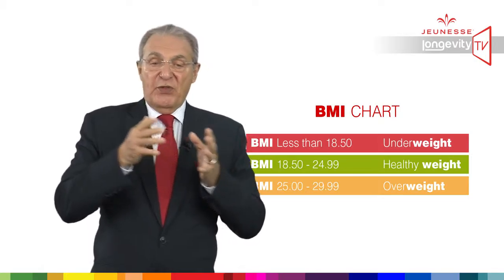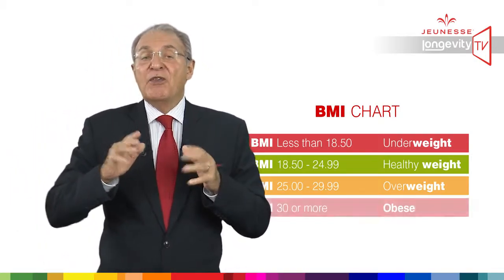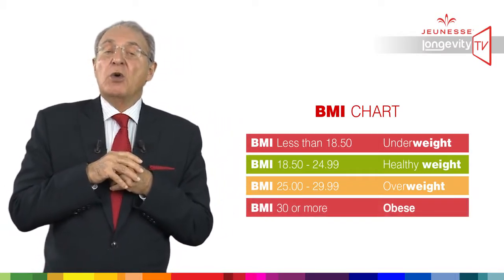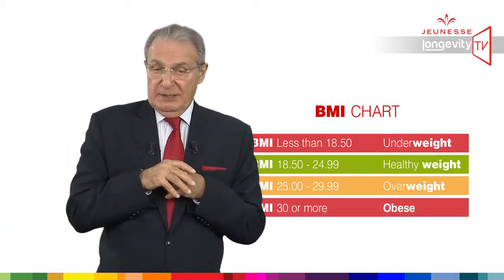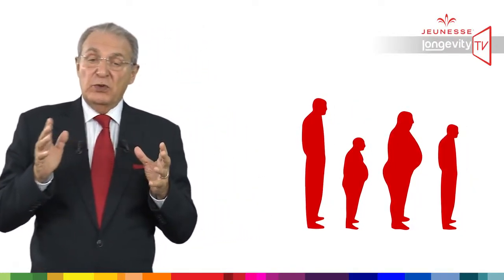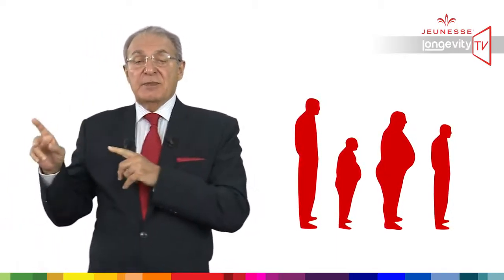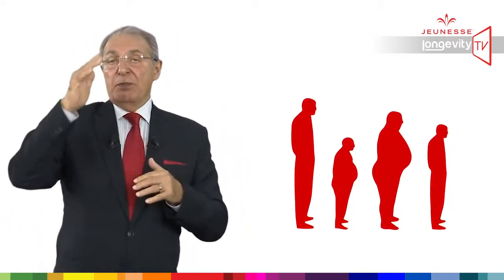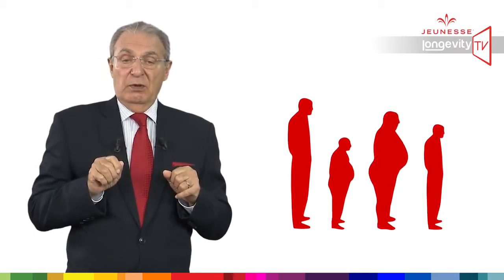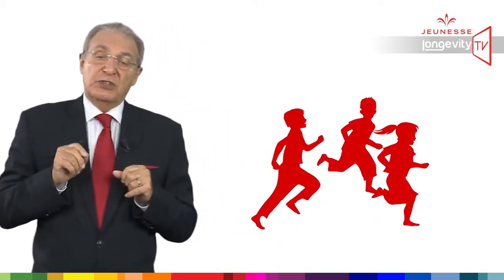Between 25 and 30, you are overweight, and above 30, you are qualified as obese. Note that BMI is a standard tool which does not apply in extremes like very tall people or very small people, and also should be adapted to children.